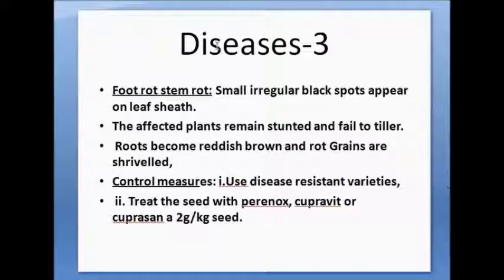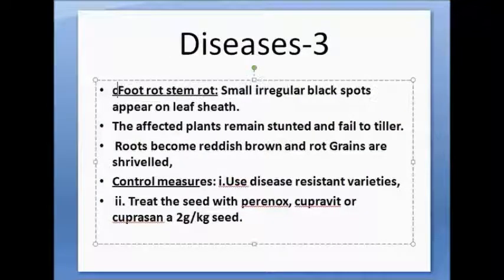Then another disease is foot rot. Now this foot rot, or it is called stem rot, there is a little difference between them. Stem rot is for the entire stem. झाड सबने सडून जाता है.